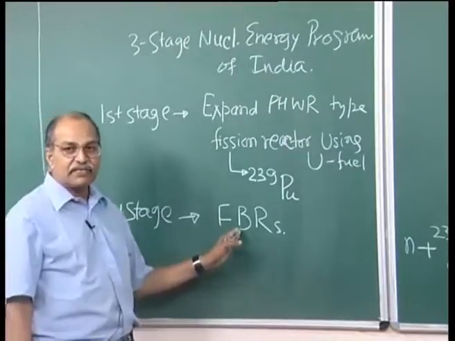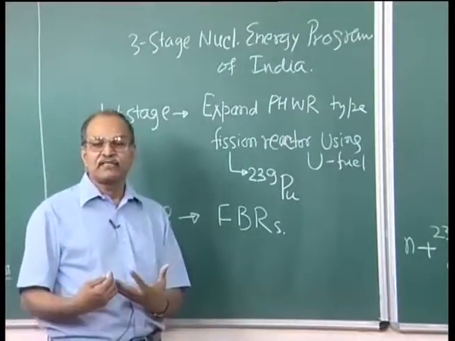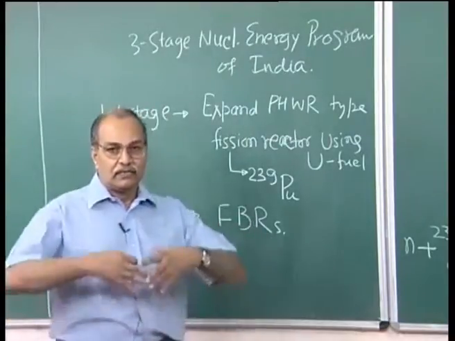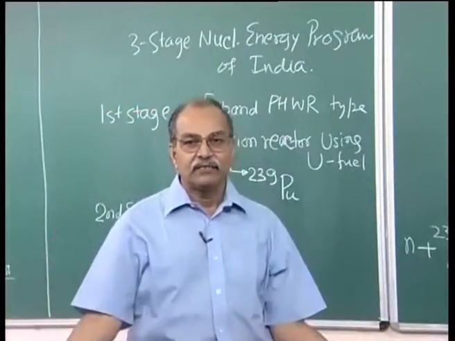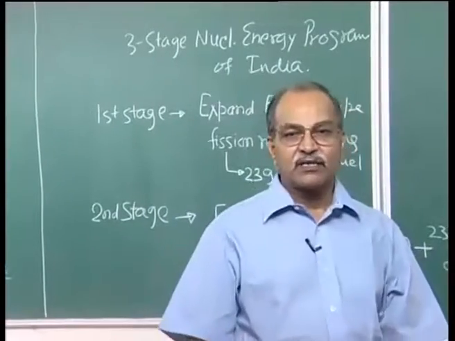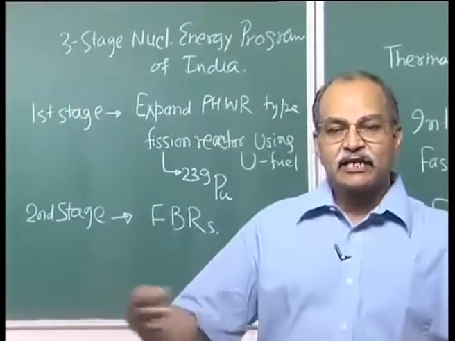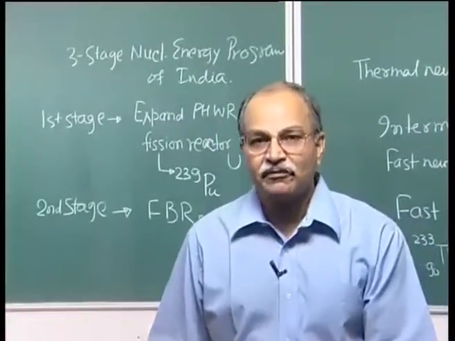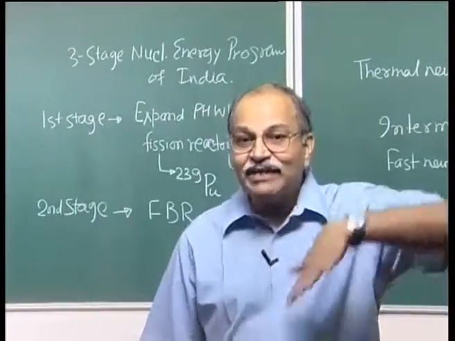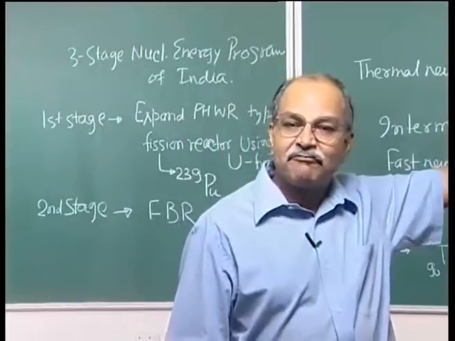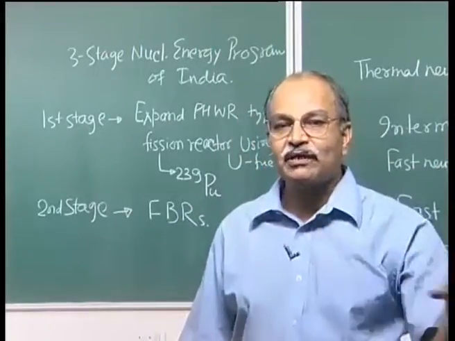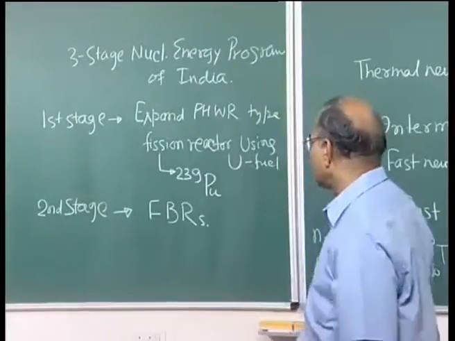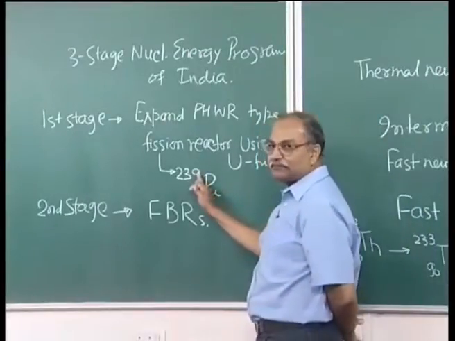Fast breeder reactors will need plutonium 239 as fuel, and if we go for a large number of FBRs, then we will need a corresponding amount of plutonium 239 as fuel. For that we need the first phase reactors, normal uranium reactors, which will give us that plutonium 239 fuel.